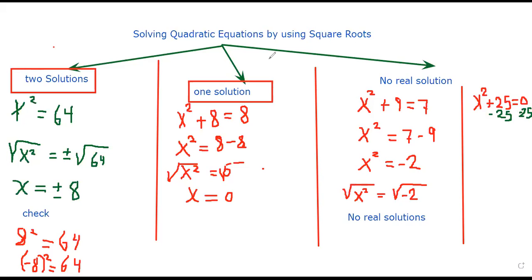Transferring. Yes, we can transfer. So both methods are okay. So we have x squared equals -25. What is the next step? Find the square root. Yes, we will find the square root of x to the power of 2.